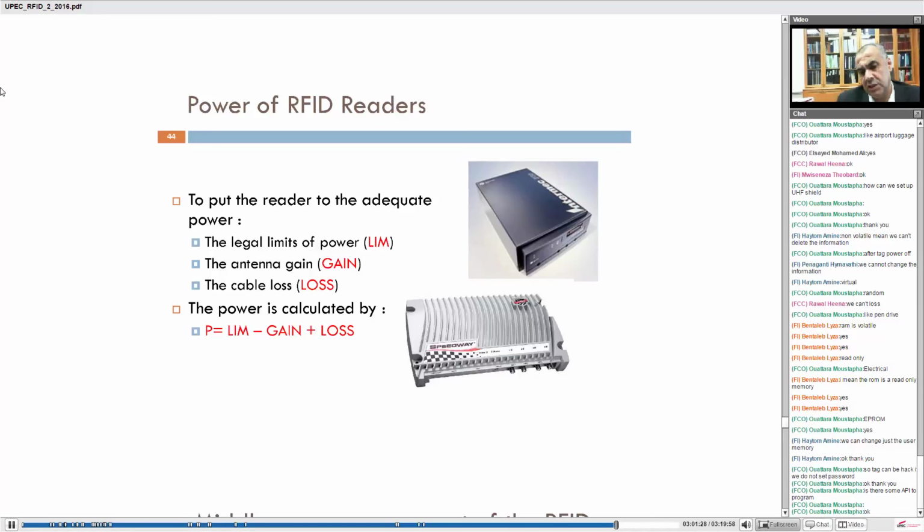I don't know if I am very clear here, but just remember the legal limit of the power, the antenna gain, and the cable loss. The cable loss, you lose energy, so you have to add this to your power when you tune the power of the reader, and then you reduce your gain. The gain of the antenna is provided by the company of the antenna.